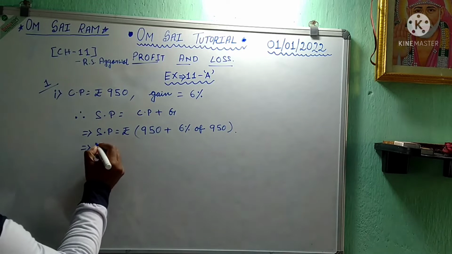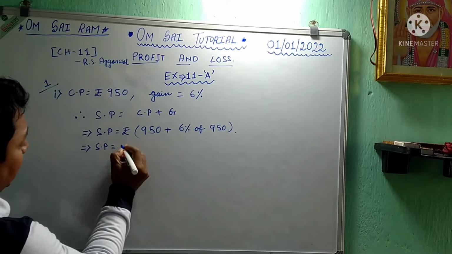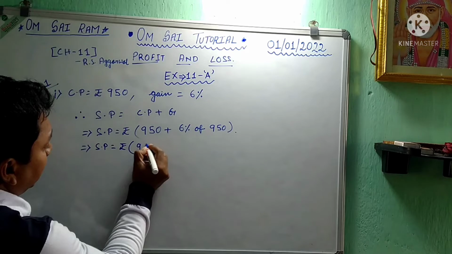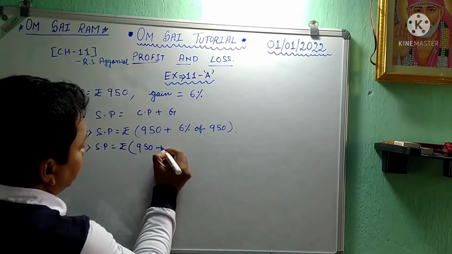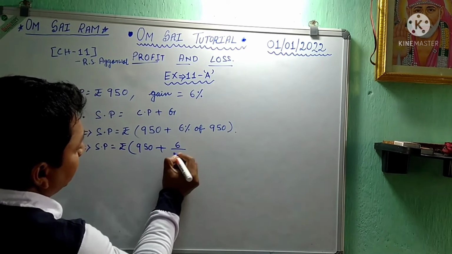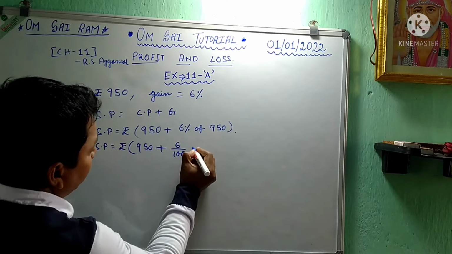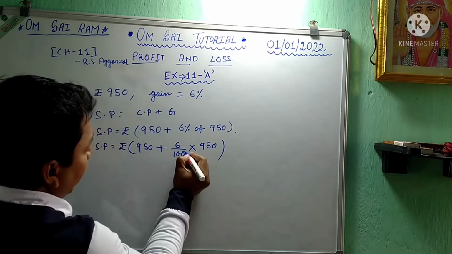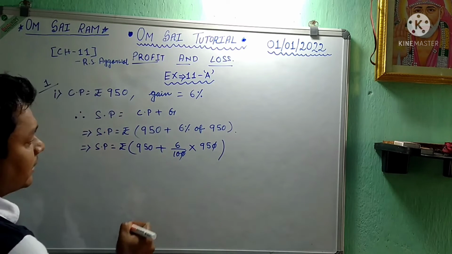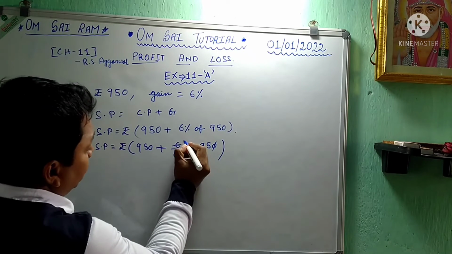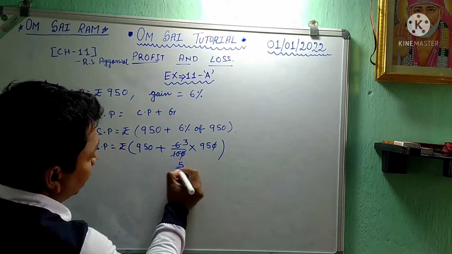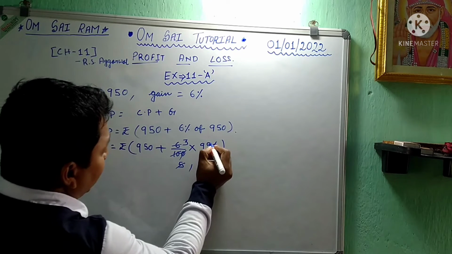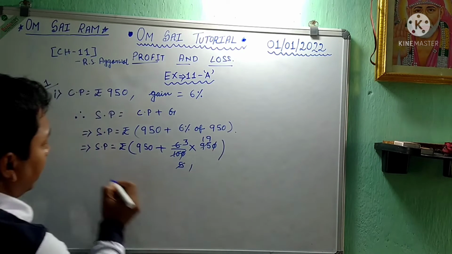Now we will calculate the selling price. Rupees 950 plus, to remove the percentage sign we have to divide by 100, and 'of' means multiply, 950. The 0 and 0 get cancelled. 2 threes are 6, 2 fives are 10, and 5 ones are 5, 5 nineteens are 95.